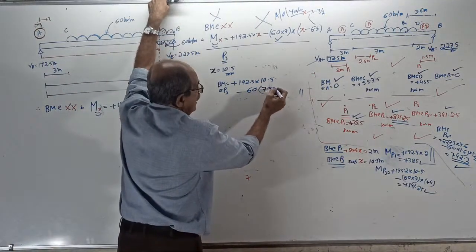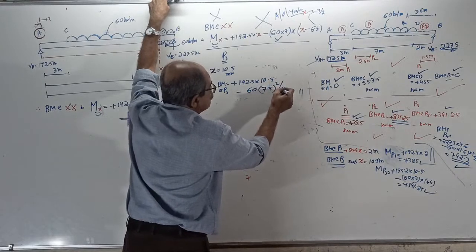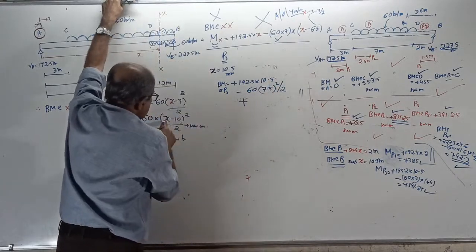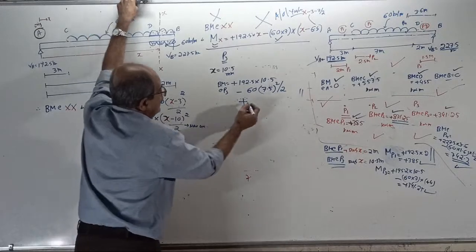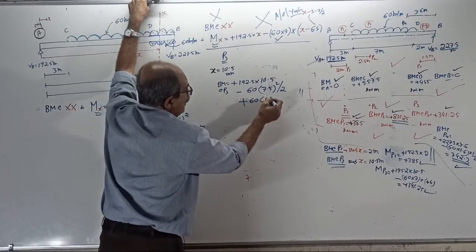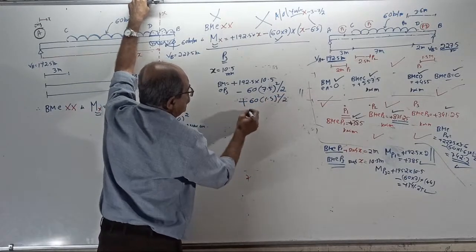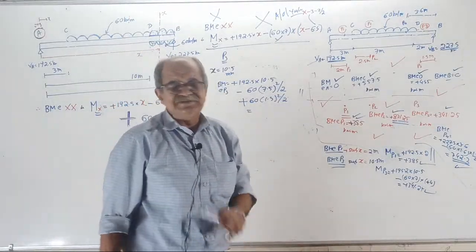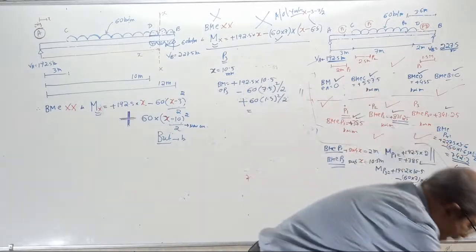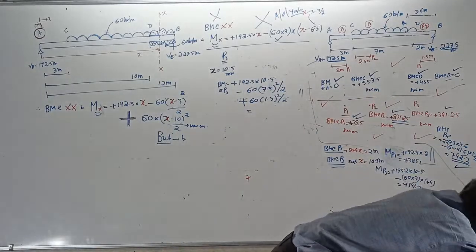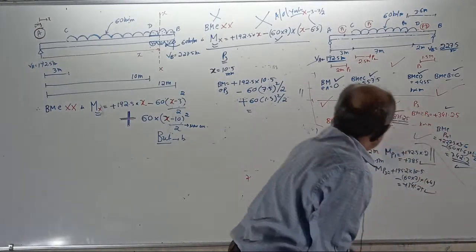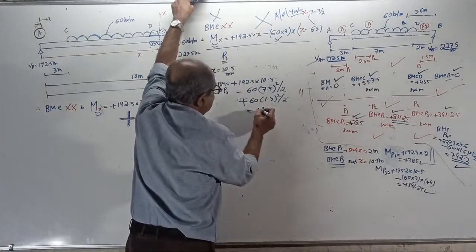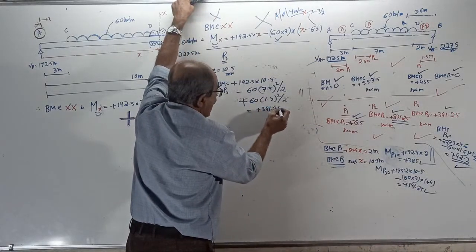Correct? Yes. 7.5 whole square by 2, plus (10.5 minus 10) is 0.5, plus 60 into 0.5 whole square by 2. Answer: plus 341.25. Tell me, what is the correct answer?